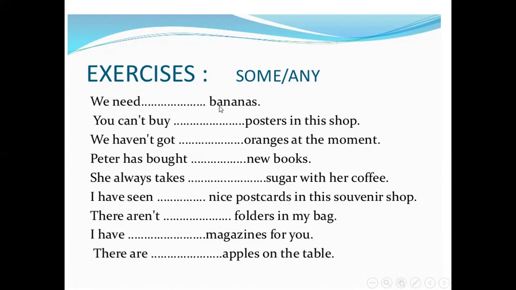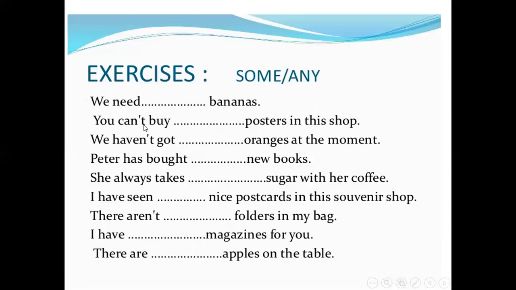Before answering with some or any, try to identify the sentence itself, whether it is affirmative or negative. Here it's affirmative, and bananas is a plural noun. So in this case, do I use some or any? Try to think with me, Mona. Some, excellent. So here I use some.